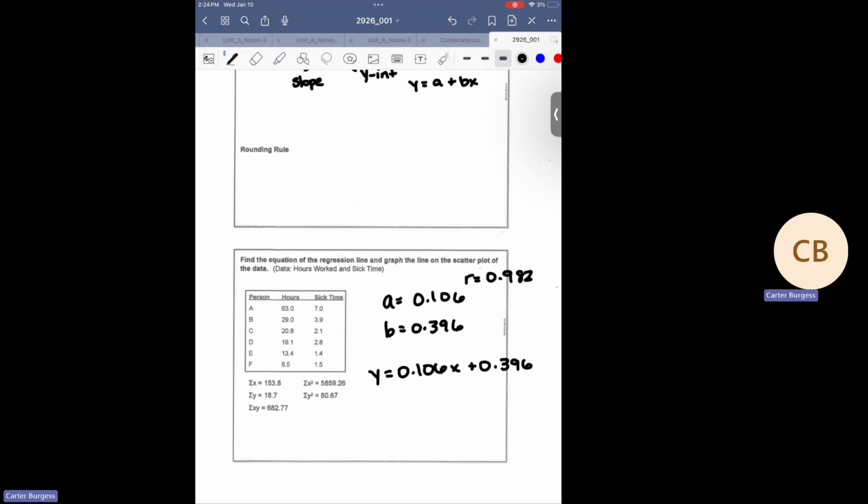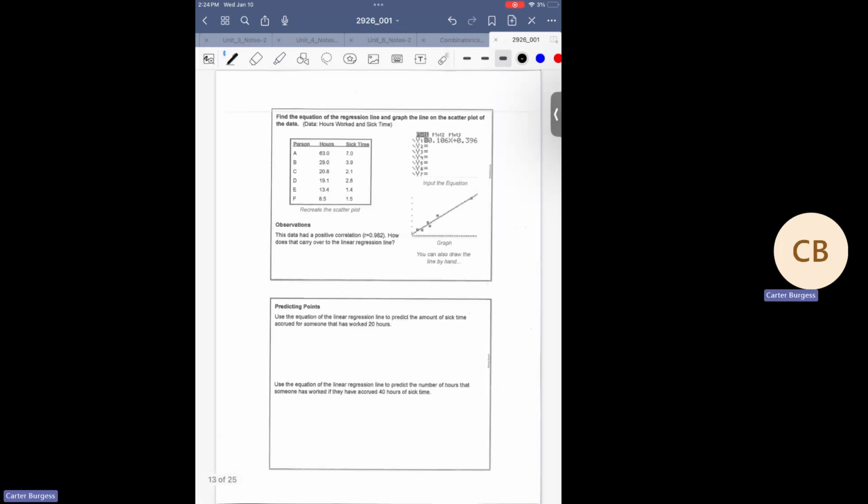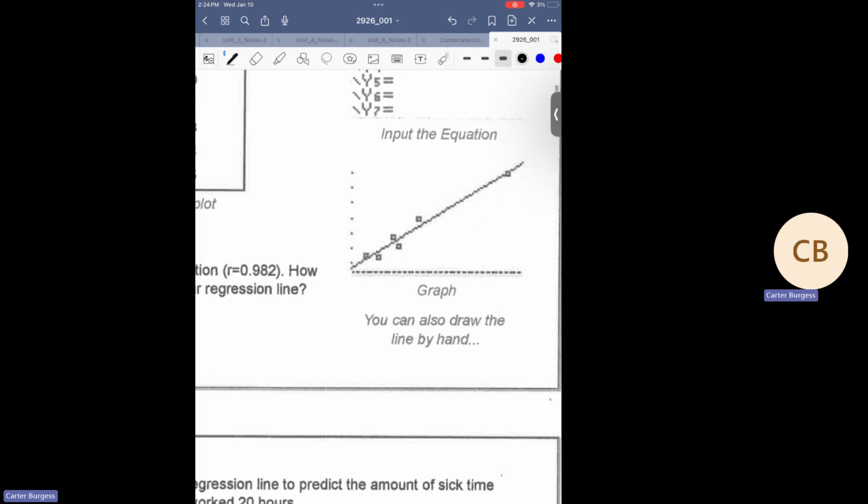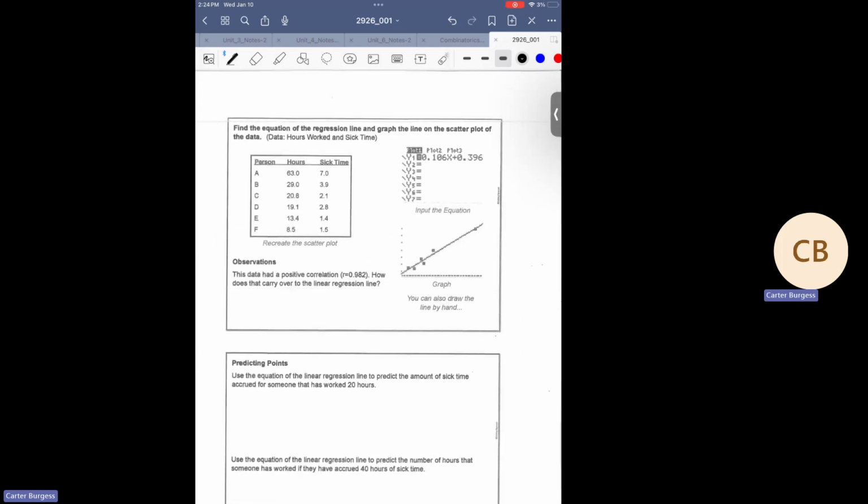As great as that line is, ultimately the goal of generating this line is using it to make predictions. So let us consider our predicting points section here. Notice as well all of the instructions of how you do it.